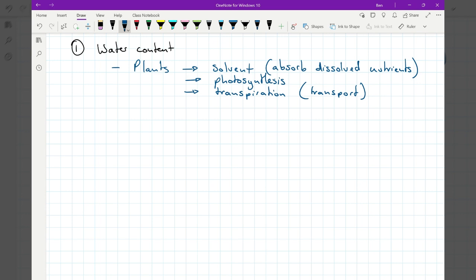Now, if we have waterlogged soil, that is too much, because that is then anaerobic. And you get things like denitrifying bacteria, which reduce fertility.